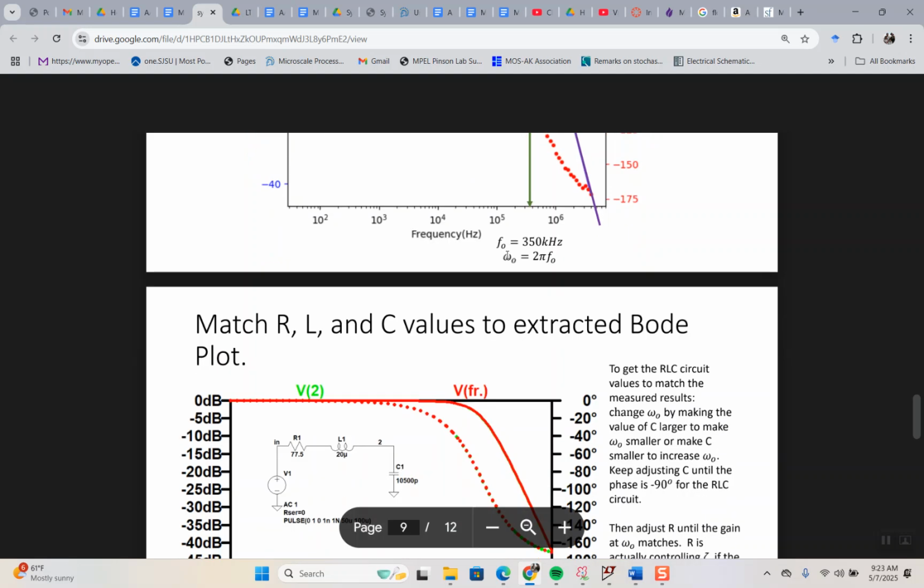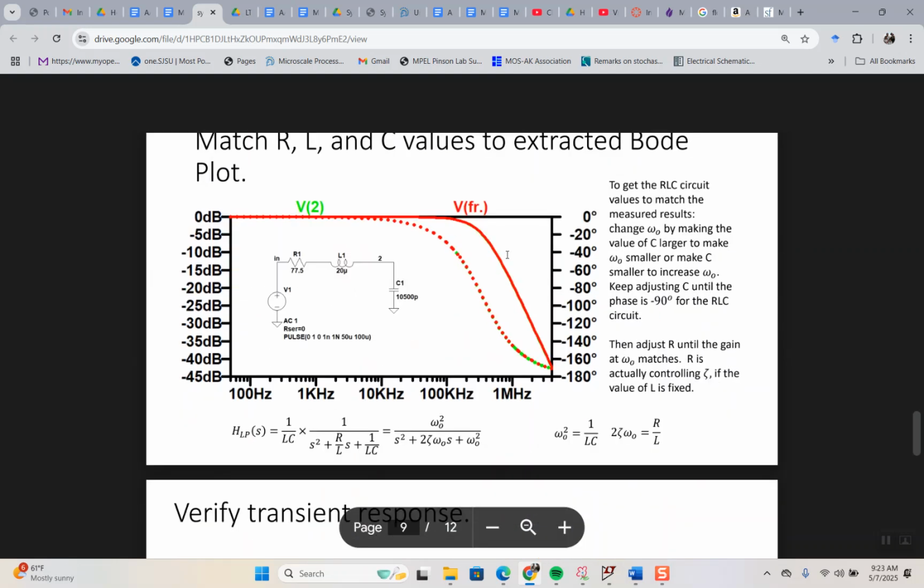So then I made an RLC circuit, and I knew the parts that I had used, but again, the parts aren't the same. There's a variance in the R, L, and C values. So I changed the R, L, and C's to get what I measured, right? So you can see that it's pretty well overlapped.